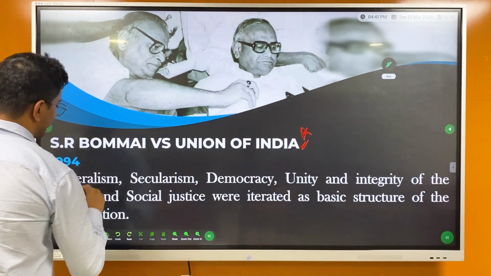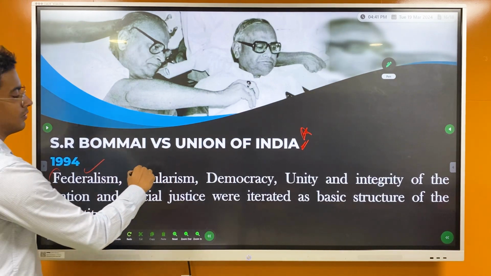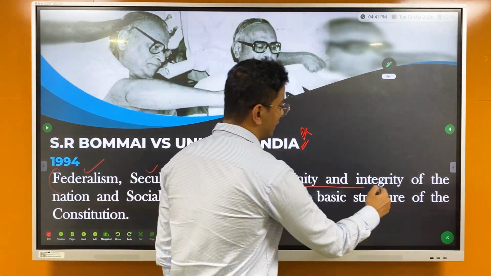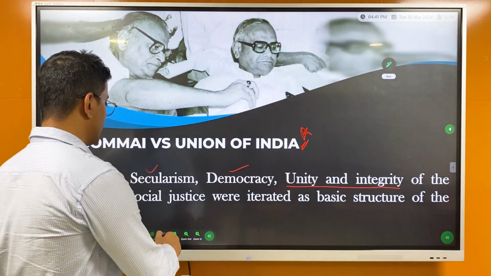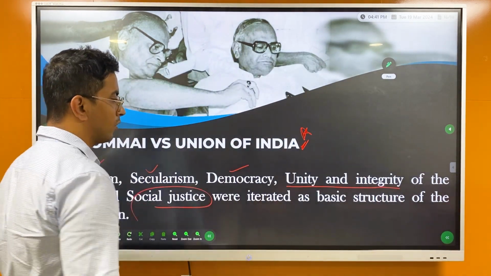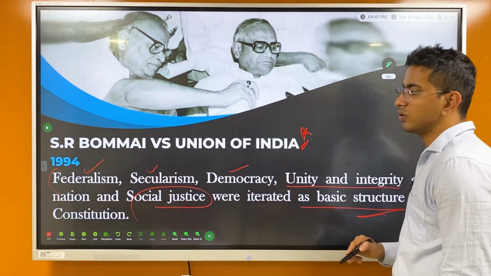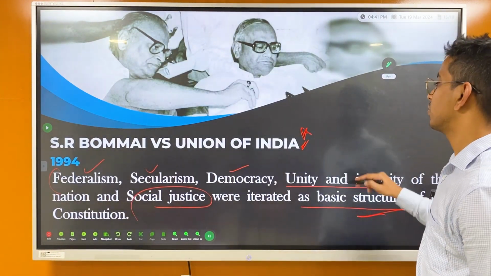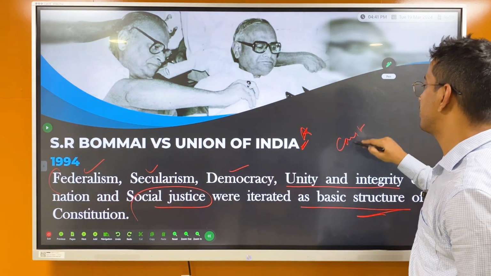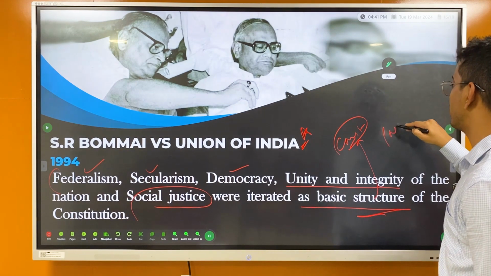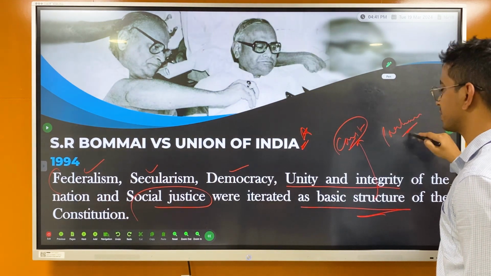Here, the Supreme Court said federalism, secularism, democracy, unity and integrity of the nation and social justice are basic structure of the Constitution, and Parliament do not have the power to abridge it.